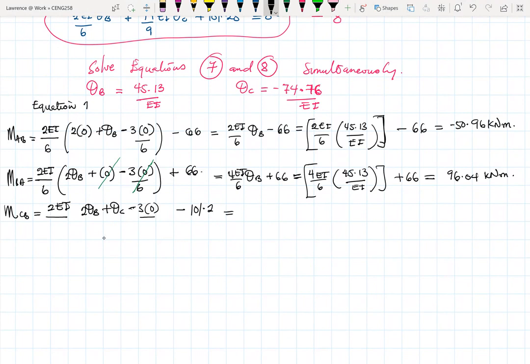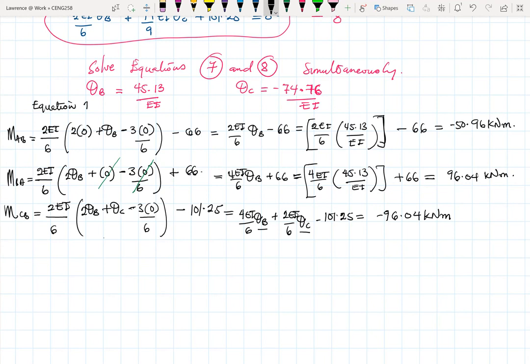Oops, I didn't copy everything. Okay, let me see. This was 6. There were brackets here. Okay, good. So it becomes 2EI. If I put in the values of theta B and theta C into these equations, I'll end up with minus 96.04, which agrees with our equilibrium equations.